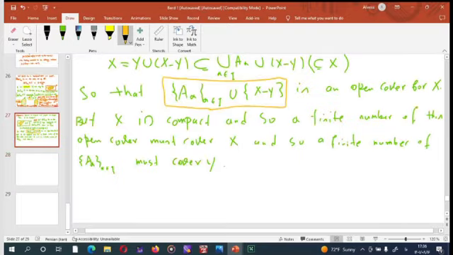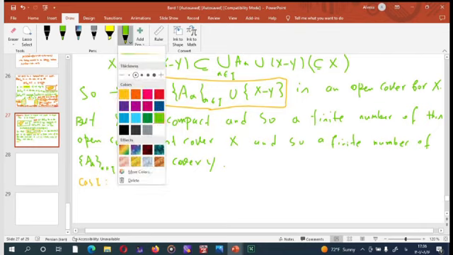Okay, case 1, for example, this open cover selected by this element, so that we can consider the case 1 as this.